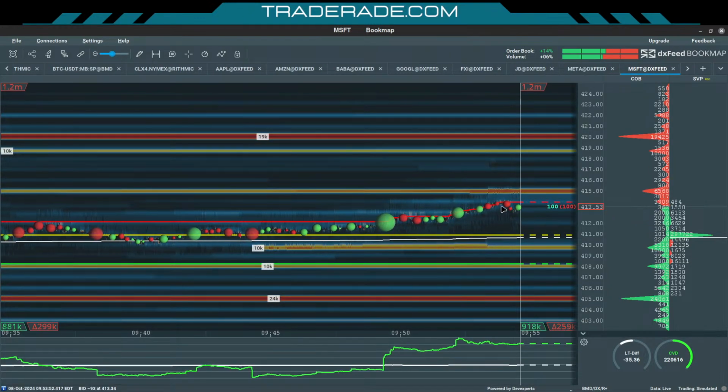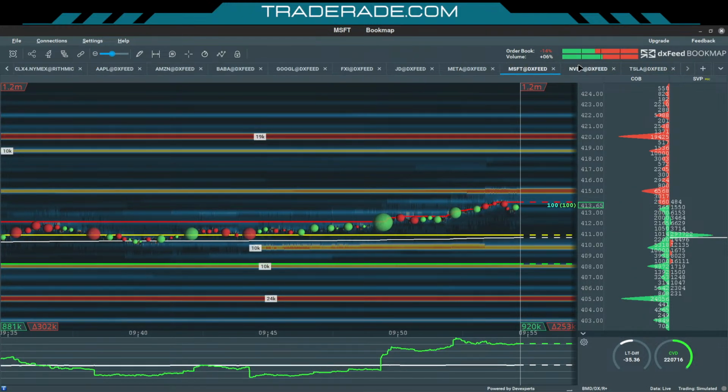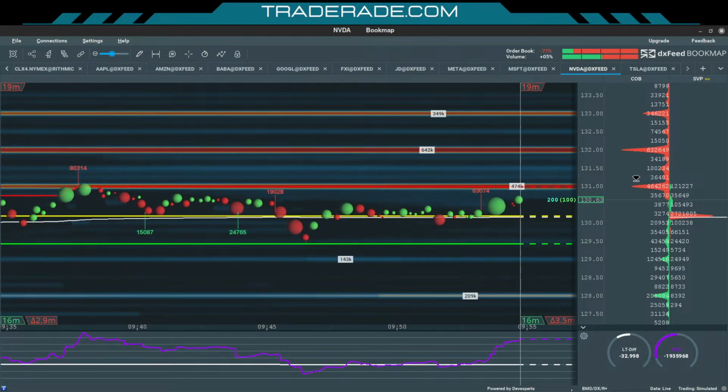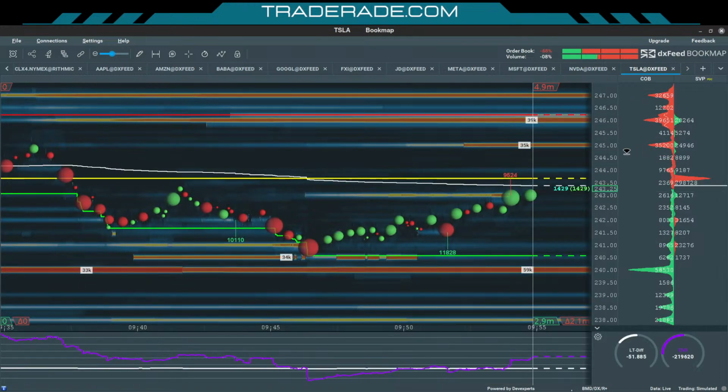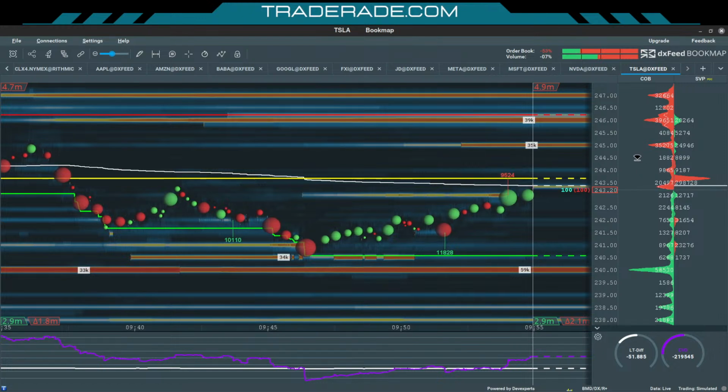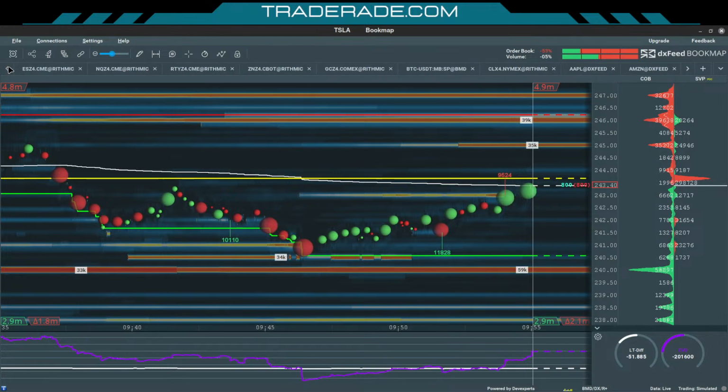Microsoft off its lows, making new cash session highs here, starting to climb, trading 413.53. And NVIDIA consolidating above that 130, above the point of control in VWAP so far. And Tesla, after making new lows recently, bouncing off those lows, looks content to test the VWAP and point of control convergence area from below, where there's a large sell side delta just above that as well.